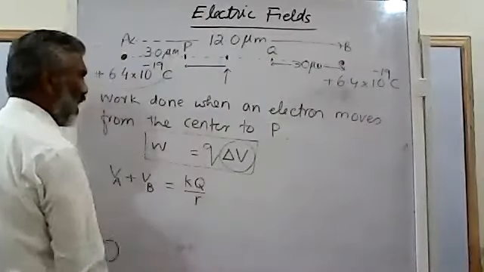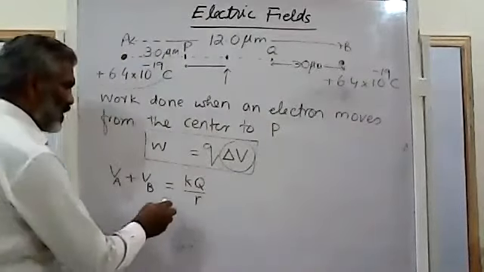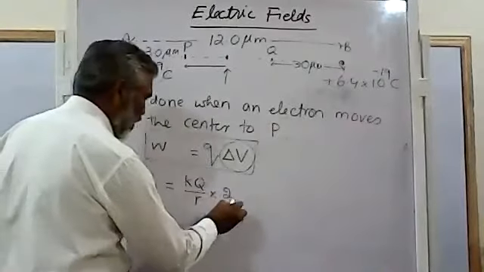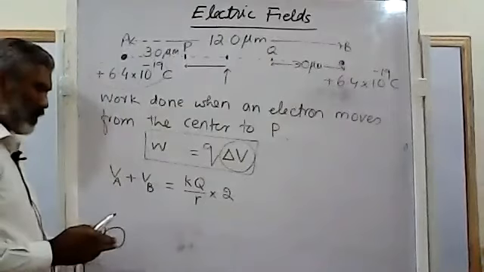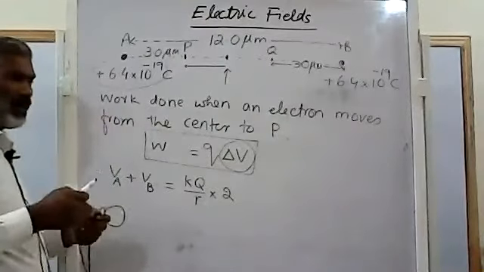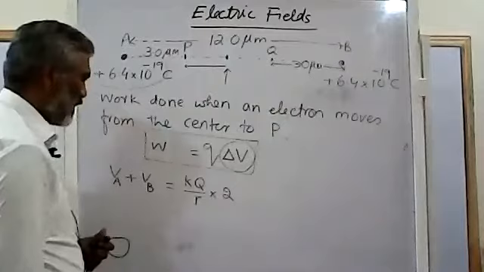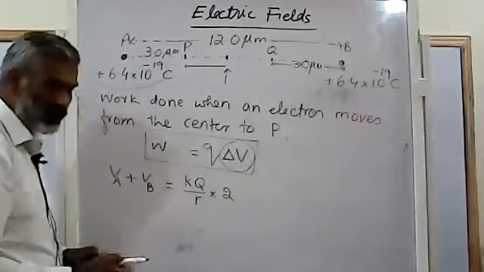So this R is also the same for the two. So this is simply multiplied by 2. So the two charges, because they are the same, are having the same potential at the center because the distance is also the same.